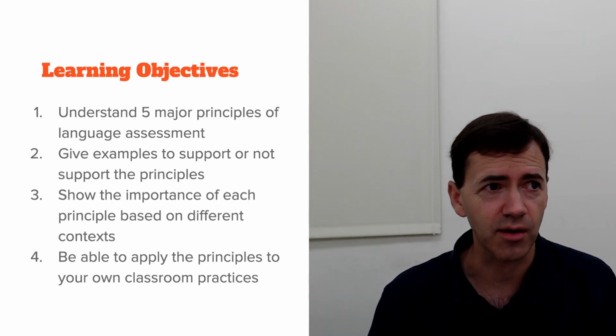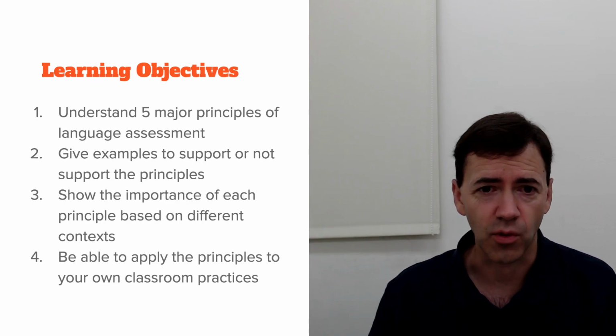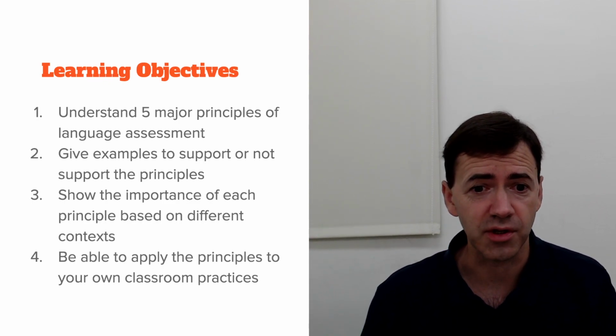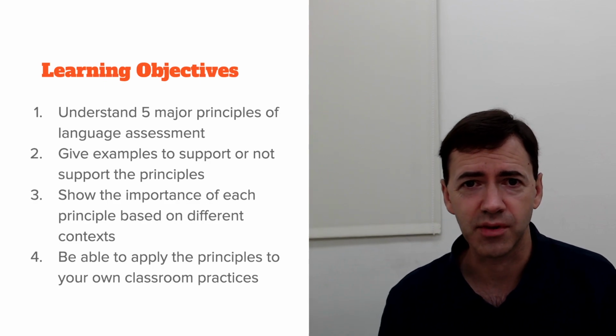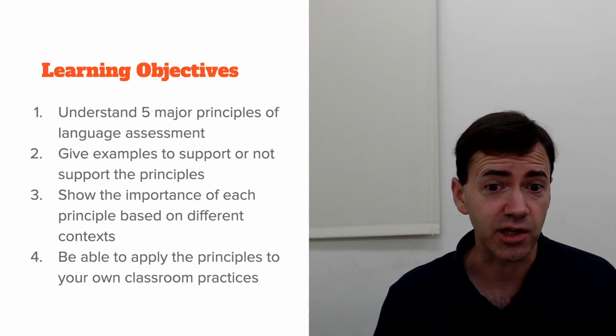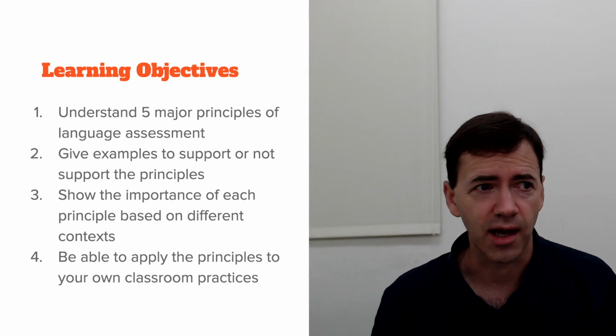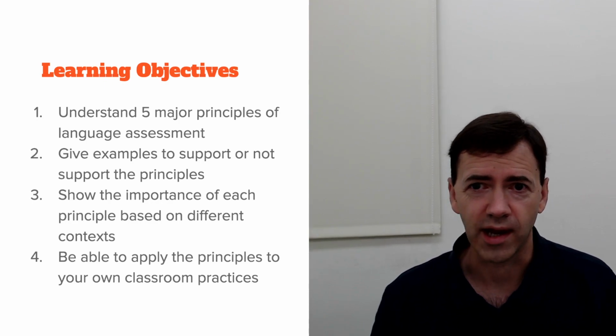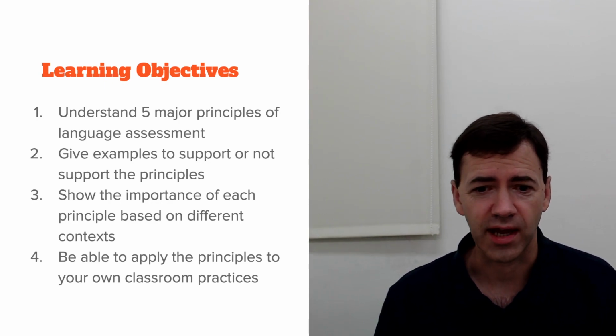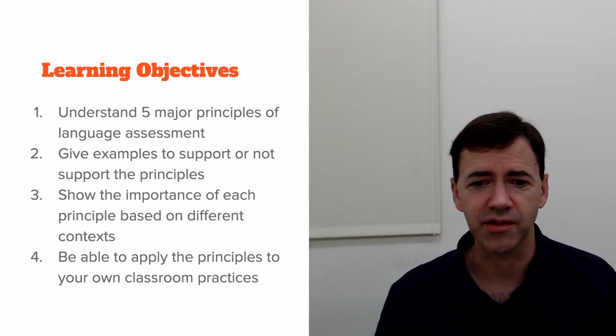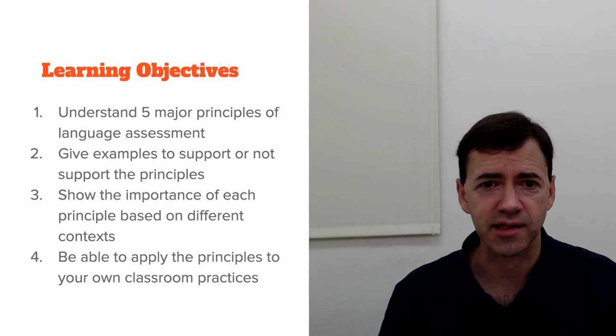So do I care about, for example, one of the principles is called reliability. Do I care about reliability in my weekly quiz? Or do I care about authenticity when I'm testing a certain thing? Okay, and then the last one is to be able to apply these principles to your own classroom practices.